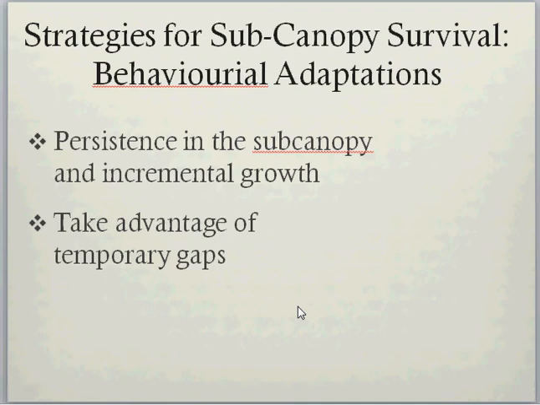The sub-canopy trees, the ones which don't get above the canopy, which remain in the understory, they will grow in the sub-canopy until they reach a certain size where they have enough photosynthetic area that they are able to accumulate enough carbon that they will be able to reproduce, and they will stop growing and start reproducing.